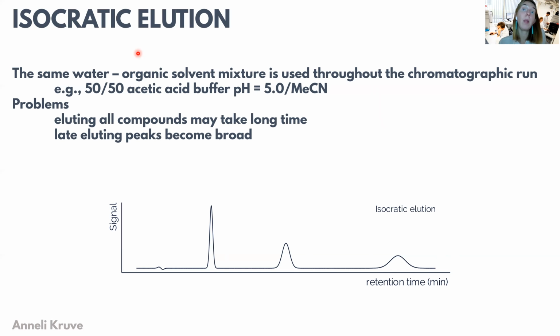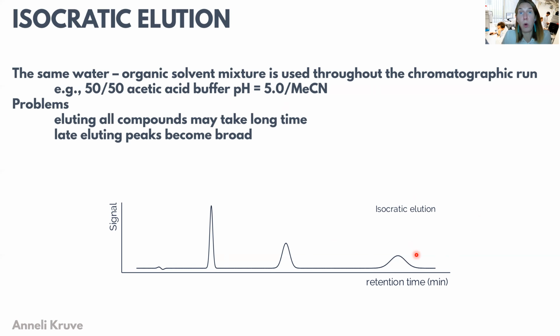For example, we mix the water phase with acetonitrile at a 50-50 ratio, and we use this all throughout the chromatographic run.